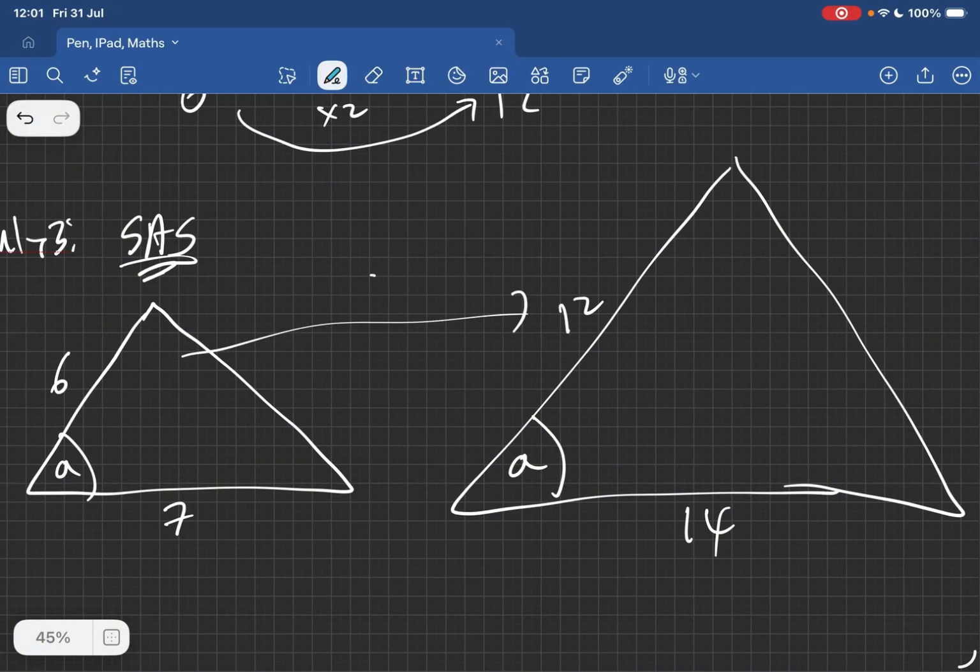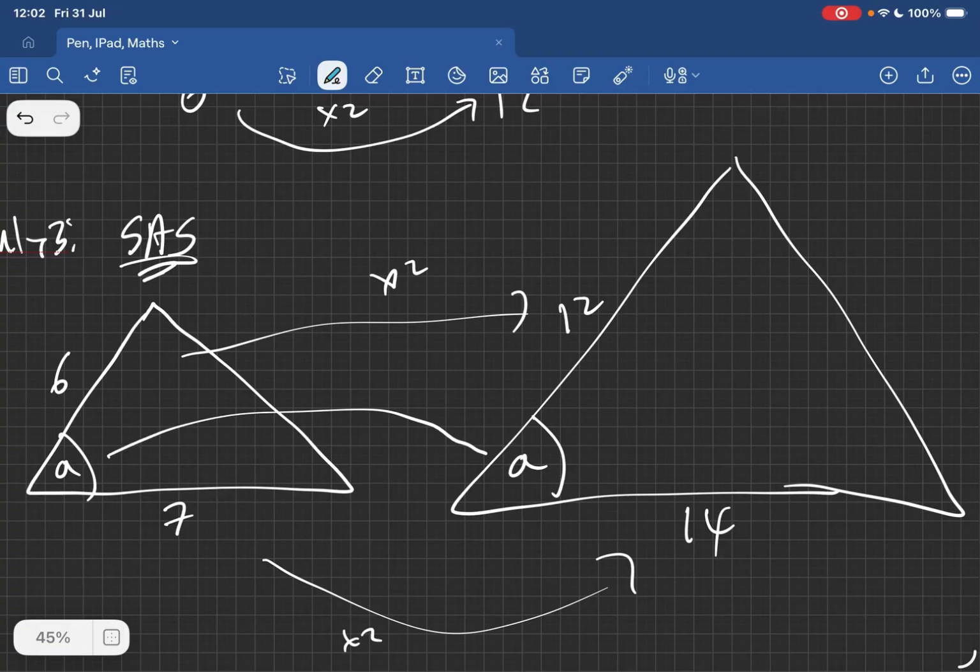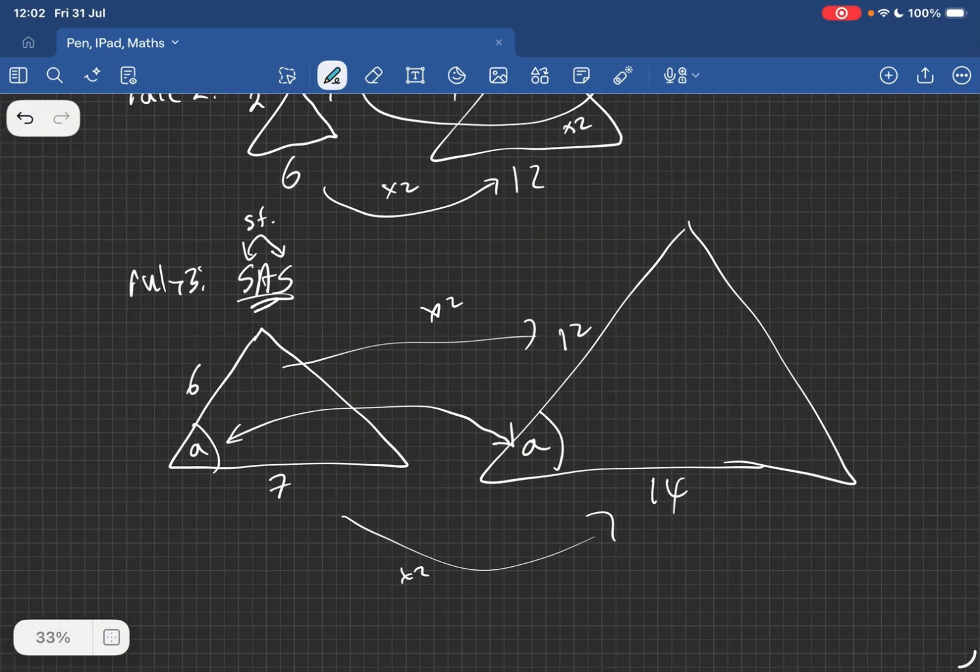Here we've got times by 2, and here we've got times by 2, but the angle between them is the same. So side, angle, side: these sides need to have the scale factor and your angle between is the same.